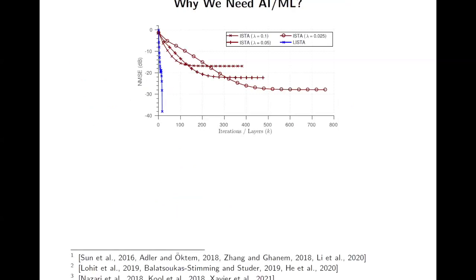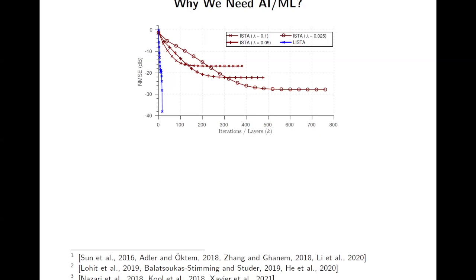But before we dive into the technical details, let's first see a picture about the performance of a learned algorithm. In this picture, there are some curves, and the horizontal axis measures the number of iterations, the number of steps, and the vertical axis measures an error, the MSE.